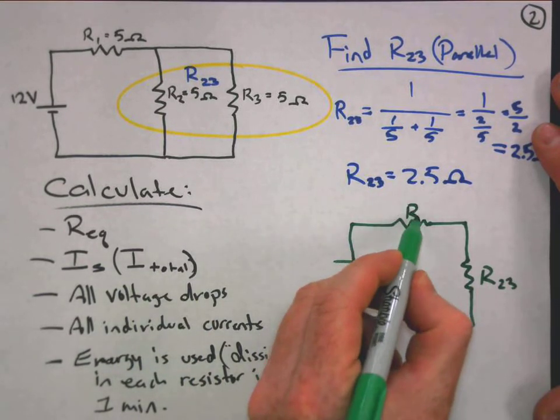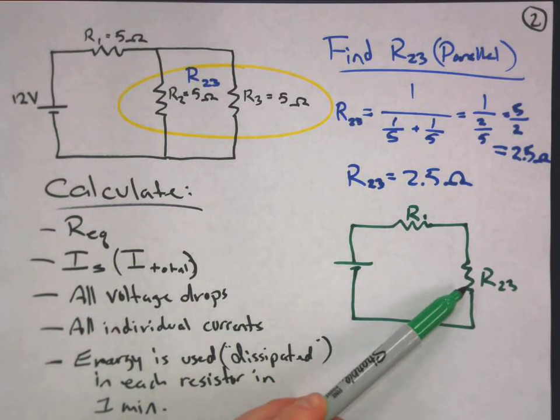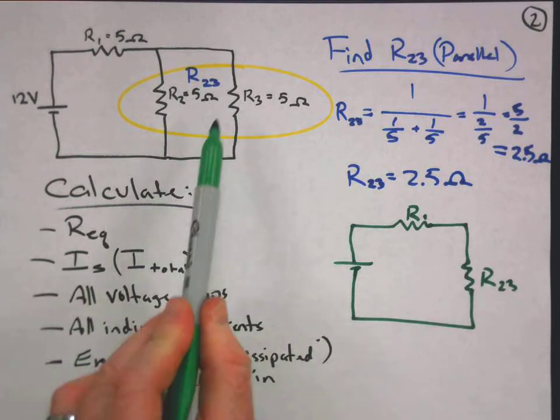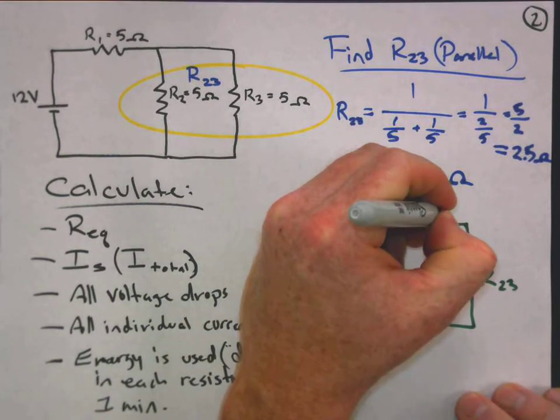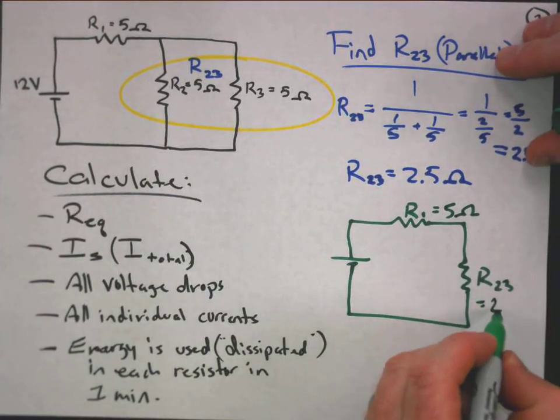The reason for redrawing is it now lets me see that I've got R1 in series with this thing, and this thing is equal to those two, right? Now, I've got R1, which was 5 ohms, and I've got R23, which was 2.5 ohms.